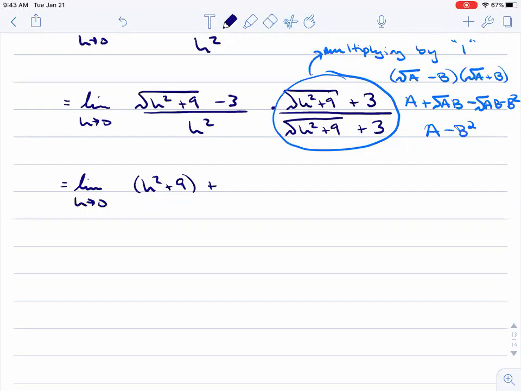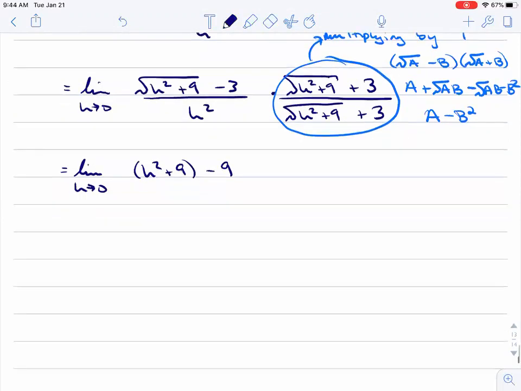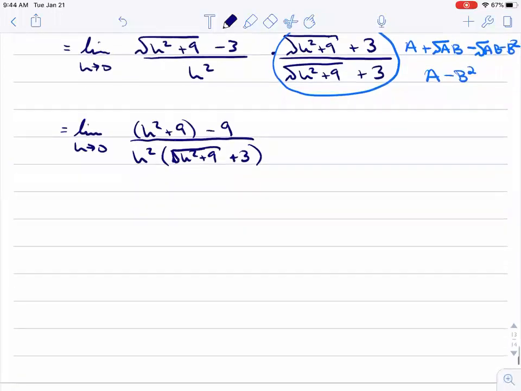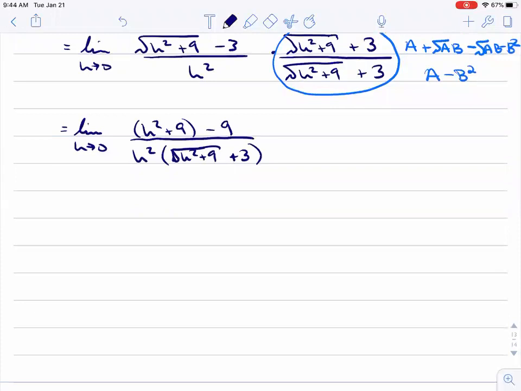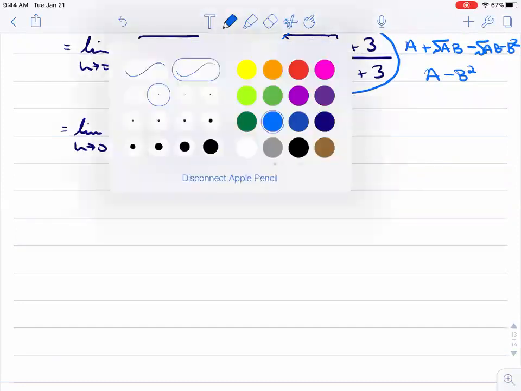So now we can write h squared plus 9 minus 3 squared minus 9. And then in the denominator, I've got h squared all times the square root of h squared plus 9 plus 3. Plus 9 minus 9 is going to go away.